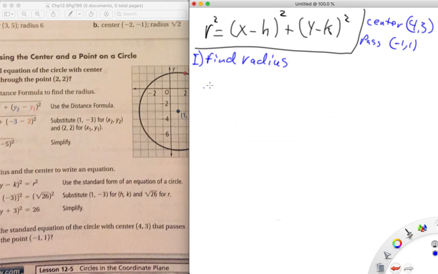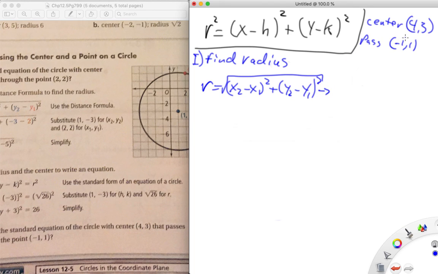So r is going to equal the square root of x2 minus x1 squared plus y2 minus y1 squared.